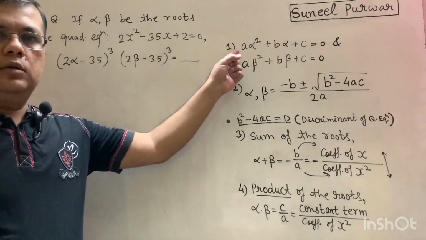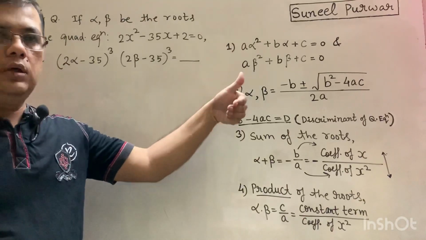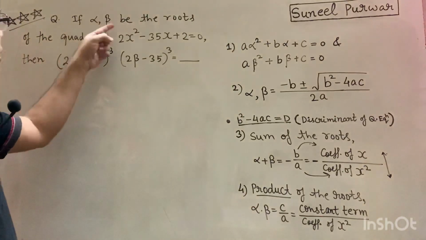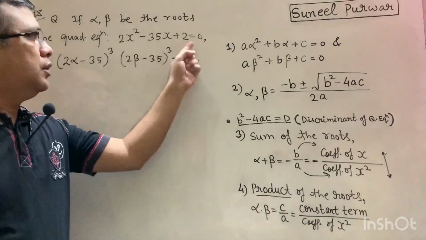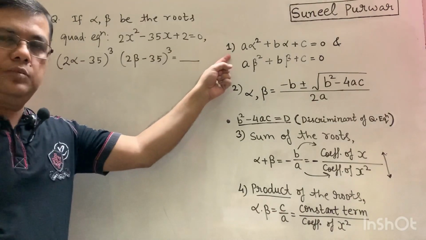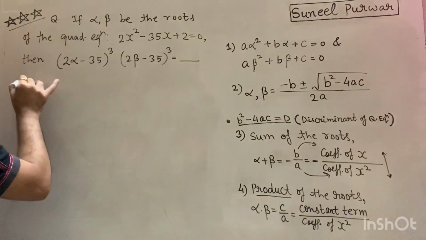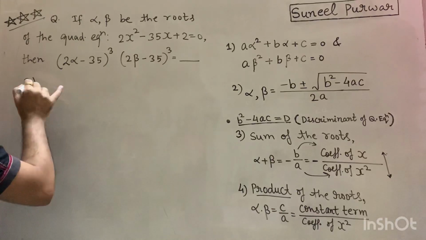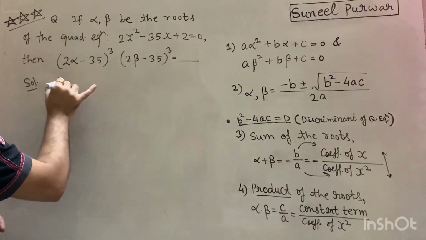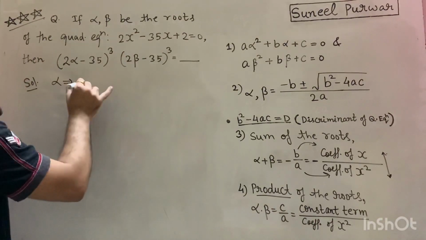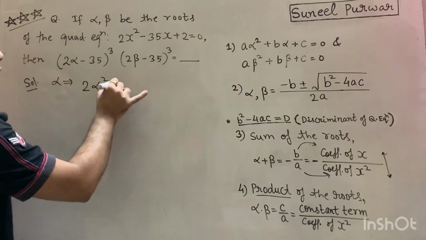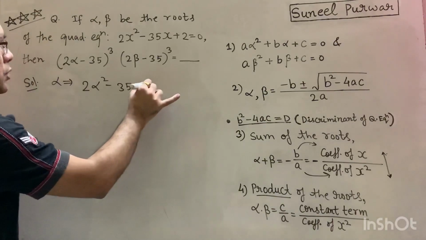If alpha, beta are the roots, they have to satisfy the equation. So the numbers alpha and beta will satisfy this quadratic equation, as I had told you in the first point. So root alpha implies you will get 2 alpha square minus 35 alpha plus 2 equal to 0.